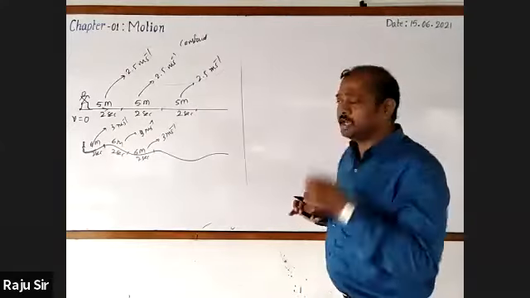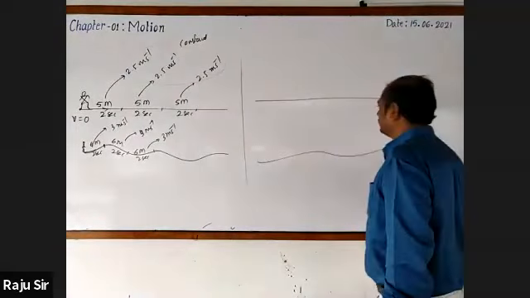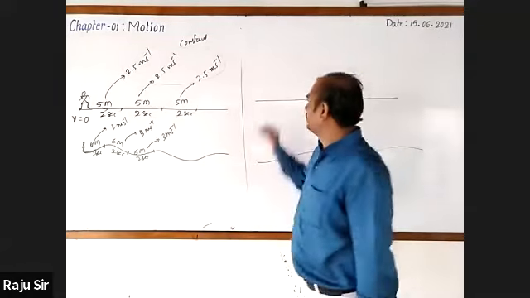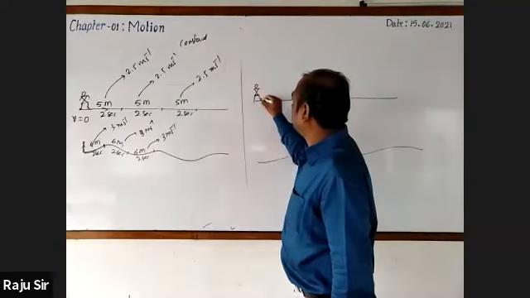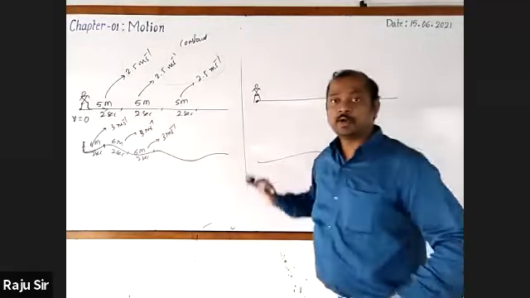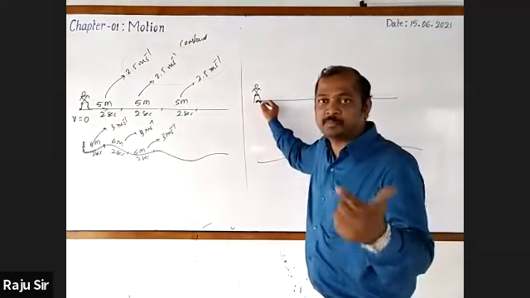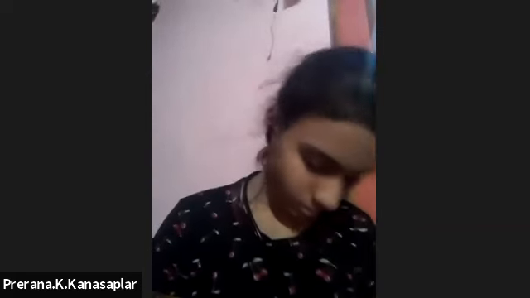Observe, I'll go for the next one. Again, a straight path. You may take even a curved one. So I take a ball. This is its initial position. What is its speed? Zero. Look here.